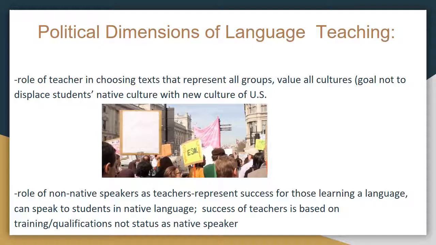However, Larsen-Freeman makes an interesting point that if you only emphasize native speakers as teachers of a language, then what about people who were non-native speakers but developed fluency in that language?